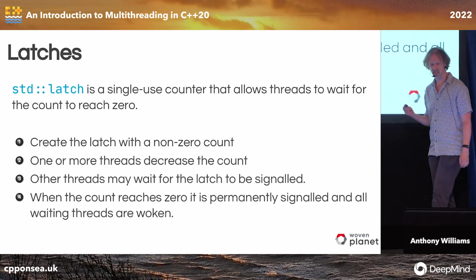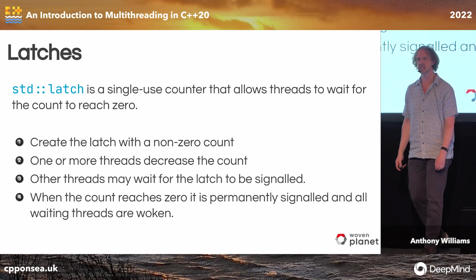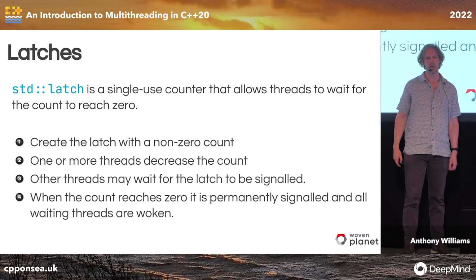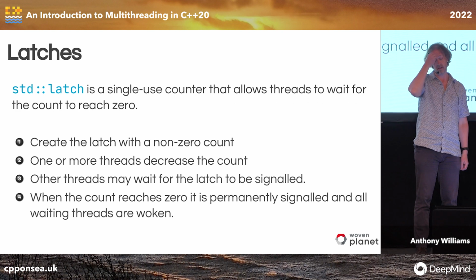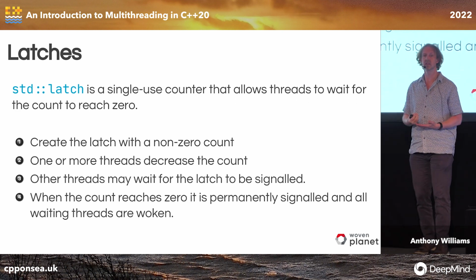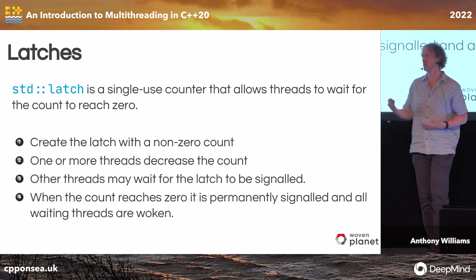So let's have a look at latches in C++20. They have the form of a std::latch. It's a single-use counter. When it hits 0, it is signaled, and it then stays signaled forever. And that signal provides synchronization. We create a latch with a non-zero count.